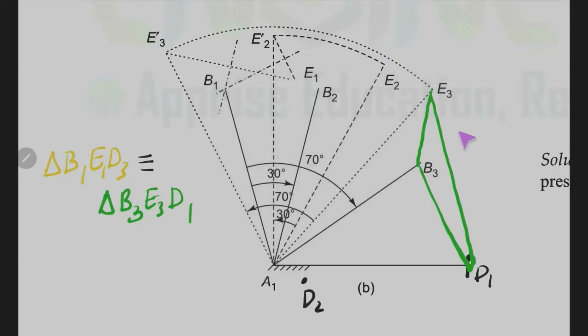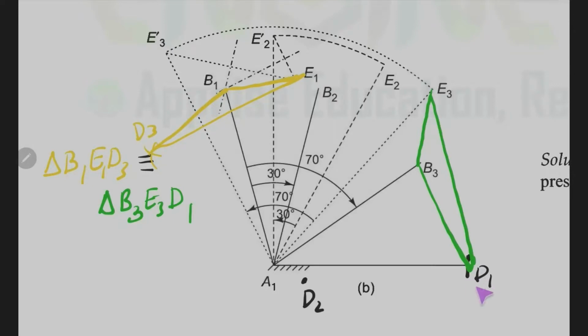This is B3, E3, D1, in the same green color. This is the base B1, E1 of B1, E1, D3, which is congruent to B3, E3, D1. In a similar fashion, if we draw arcs from B1 and E1 to find D3, our arcs will intersect somewhere over here. After joining, it will look somewhat like this, and this is our D3. This is not to scale, just for representational purposes only.